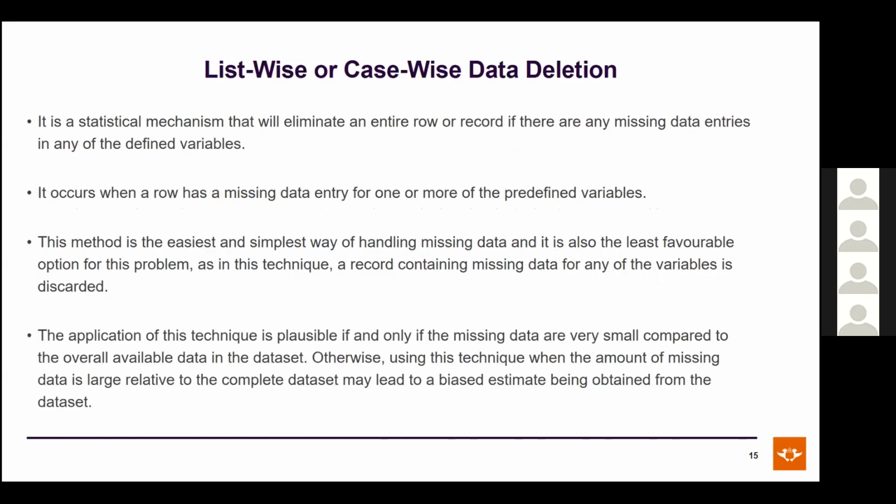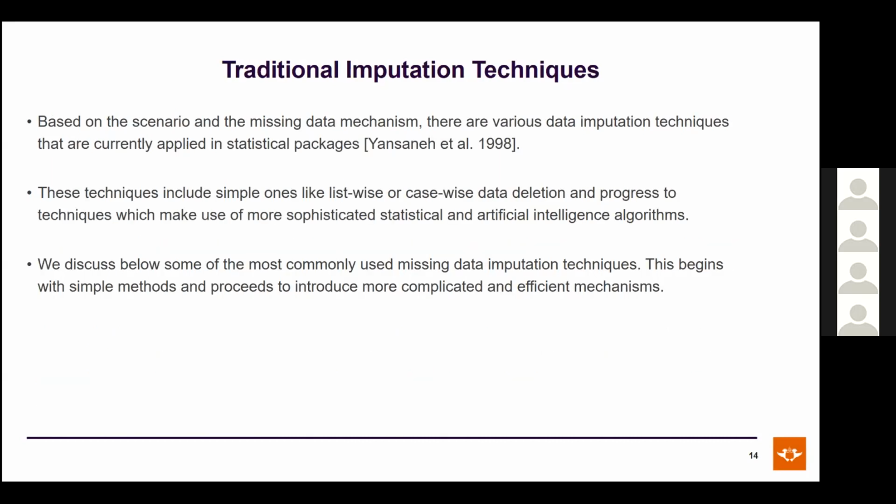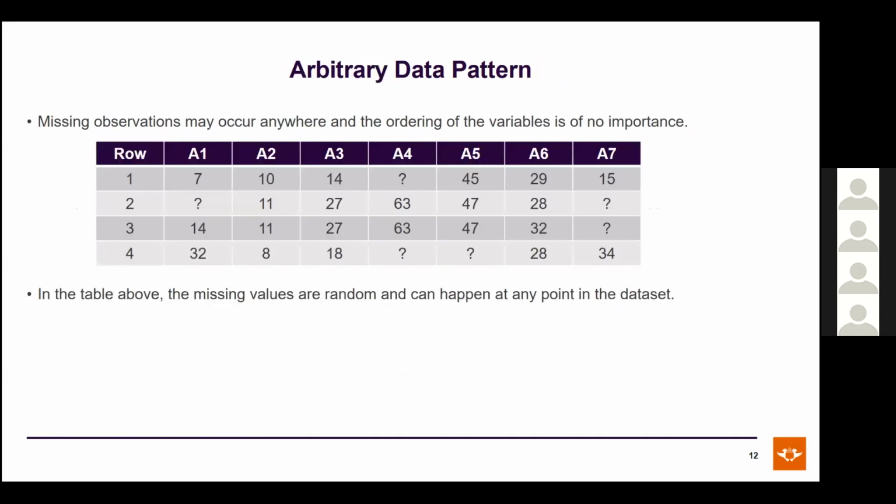Okay, let's take a look at listwise or case-wise data deletion. I've sort of demonstrated its drawbacks and its loopholes, and demonstrated reasons as to why you might not want to use an example like listwise or case-wise.